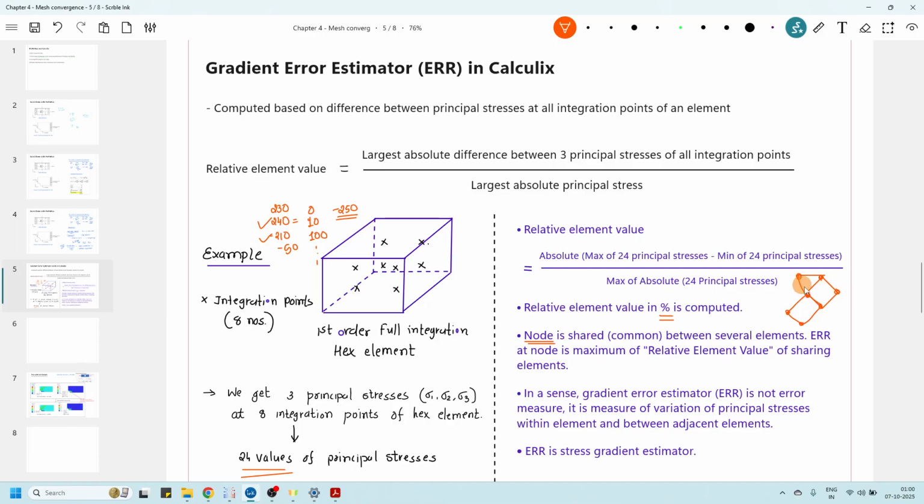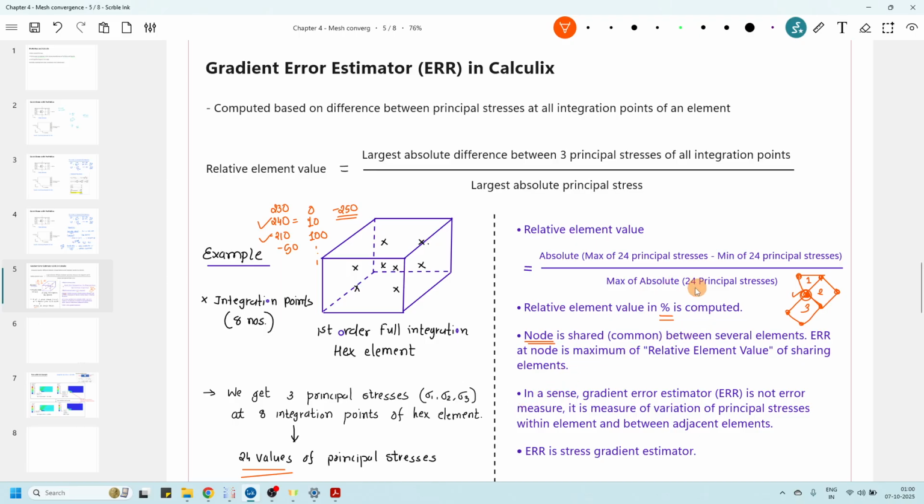So let's say we want to get the relative element value for this node, and it is shared by these three elements, 1, 2, 3. Now the relative element value at node is the maximum of sharing elements. So out of these three values, whichever is maximum is reported at this node.